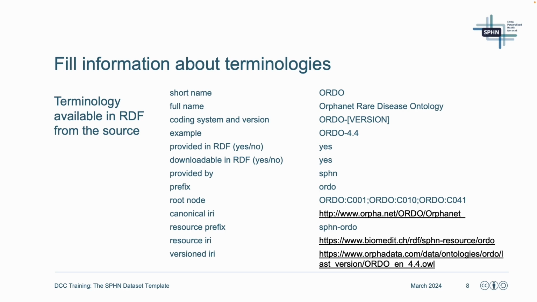This could be something like SPHN followed by that prefix to distinguish between the codes and what we need for the project-specific schema. Finally, a resource IRI should be provided, ideally following the biomedit.ch IRI style and ending with the terminology prefix.